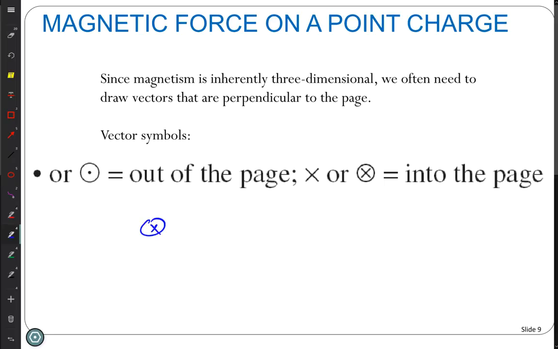What you're supposed to think of is an arrow. So we use arrows for left and right, up and down. Up and down now is up on the page and down on the page, not vertical. And then if there was an arrow coming toward me, what would I see? I'd see the point of the arrow. So this here is supposed to be the point of an arrow coming toward me.